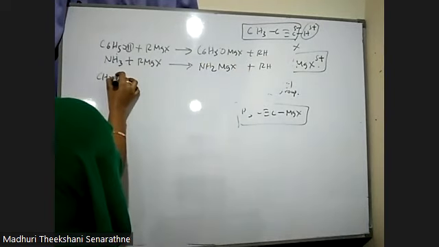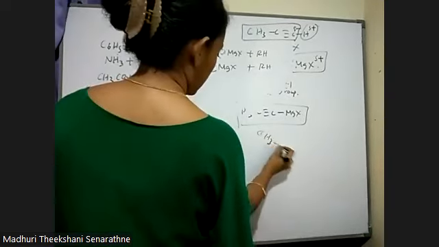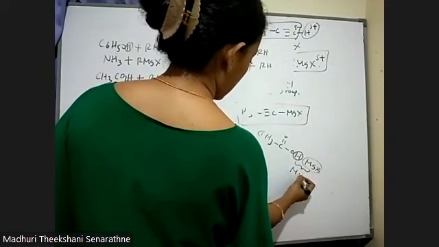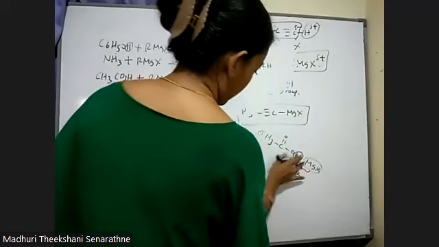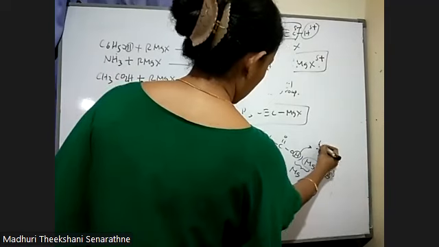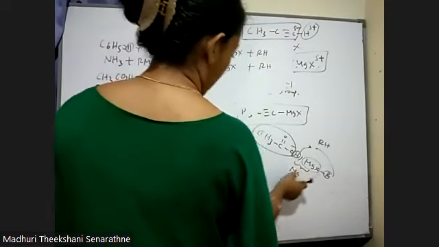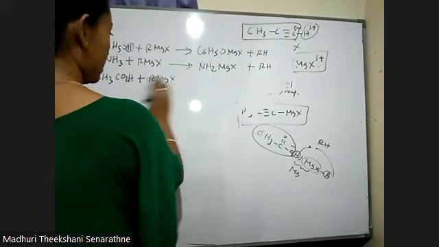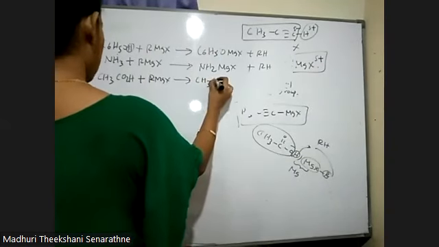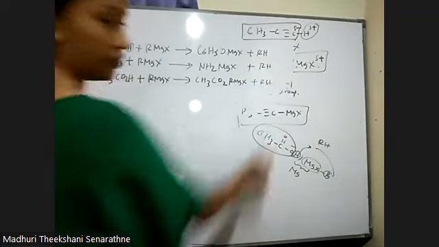CH3COOH, carboxylic acid, and RMgX. The acidic hydrogen goes with the R group to produce RH, and the remaining negative part and MgX combine to give CH3COOMgX plus RH.